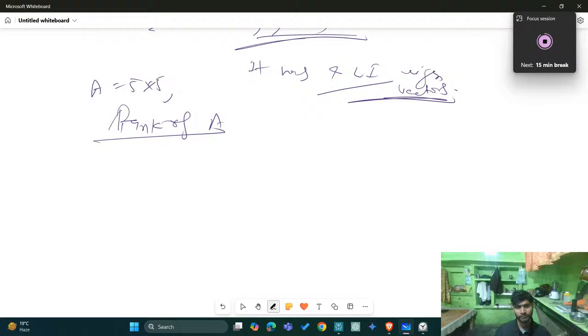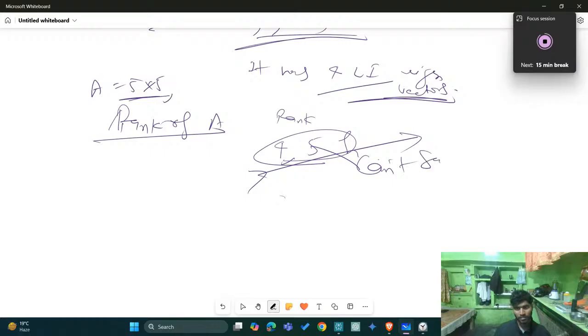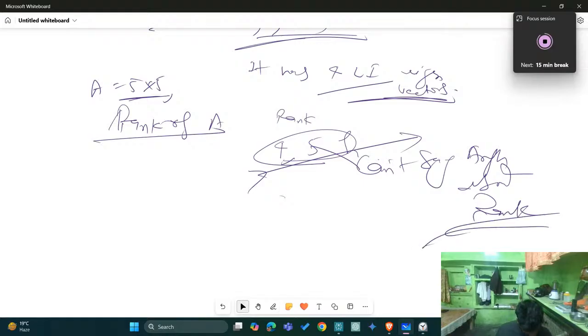But what if it has rank 4? If it has 4 free variables, we can say... if it has 5 free variables, we can say... So for 4 or 5, we can't say anything about the rank here, because there is no information about whether there are four linearly independent vectors corresponding to lambda equal to 0, or whether there is any lambda equal to 0 or not.